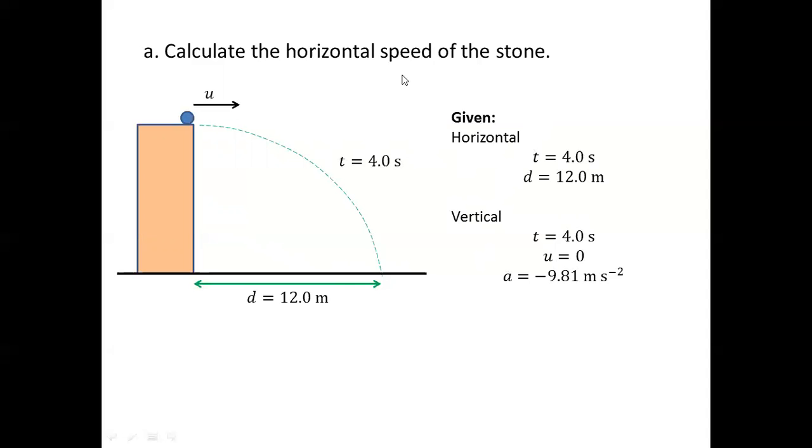Okay, so going back, what's the horizontal speed of the stone? Since there is no acceleration along the horizontal, we simply use speed is equal to distance over time. Substituting the given values, 12 divided by 4, giving us 3.0 meters per second. And that is the horizontal speed of the stone.